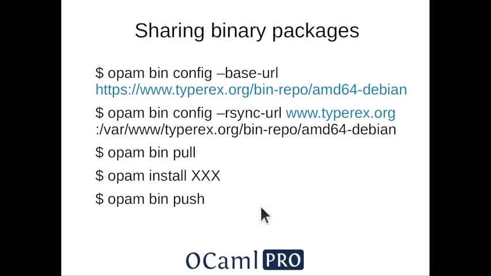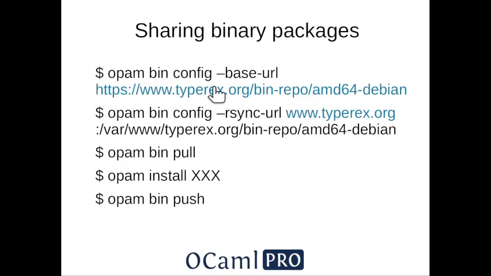Now, if we want to share our repository of binary packages, we need to configure two options. One is to tell the user where they should download the binary archives. So we need to provide the URL of the website as the base URL.